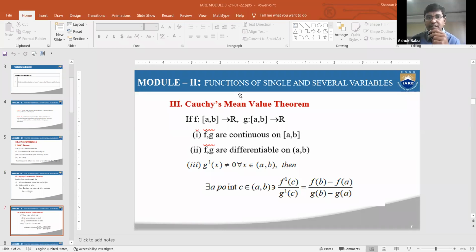And next, today we are going to discuss Cauchy's mean value theorem. Same as the previous two methods, but where in the first two theorems only one function is given, in Cauchy's mean value theorem two functions are given, f and g. They are, like the previous ones, continuous functions in the closed interval a comma b, and both are differentiable functions in the open interval a comma b.